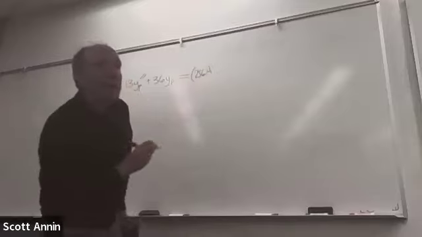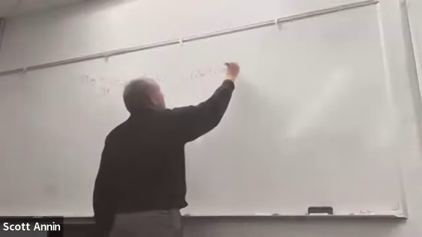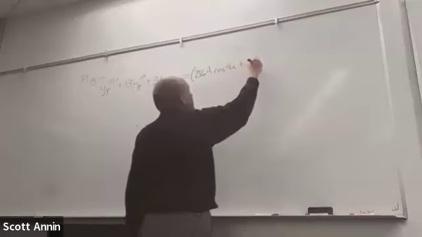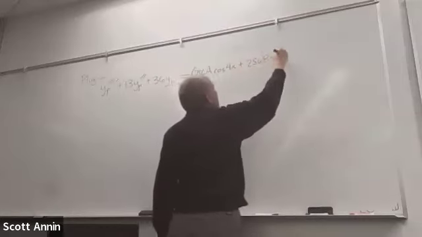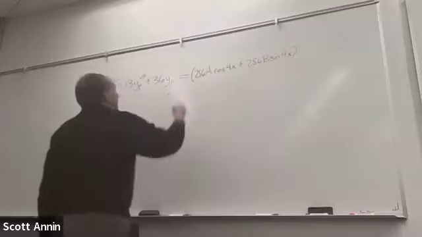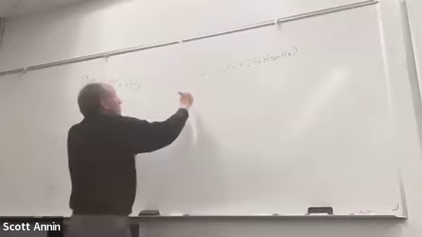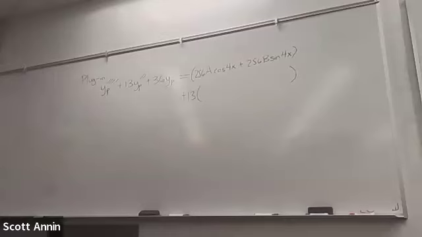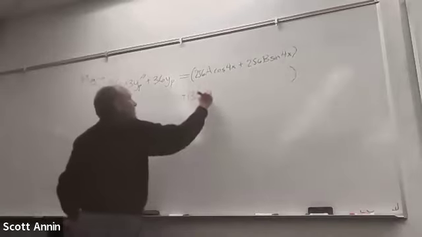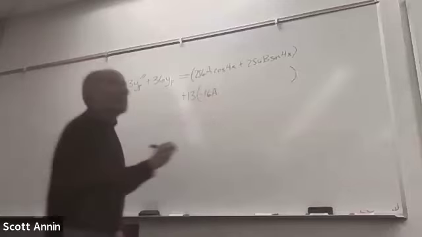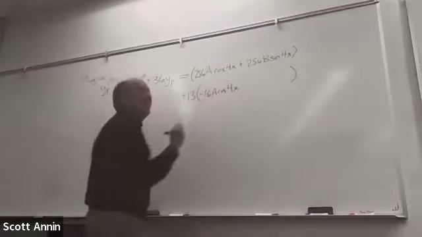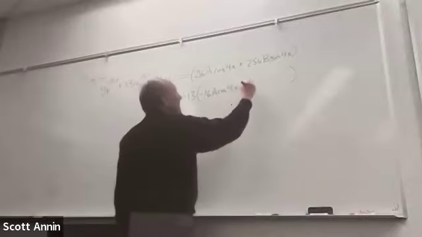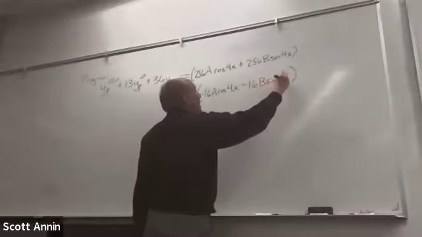256a times the cosine of 4x plus 256b times the sine of 4x. If you don't mind, I'm going to stack the terms vertically. Then I'll have 13 times the second derivative. Are you getting tired of writing all this out? It is quite a lot. So we have negative 16a times the cosine of 4x, and then minus 16b times the sine of 4x.